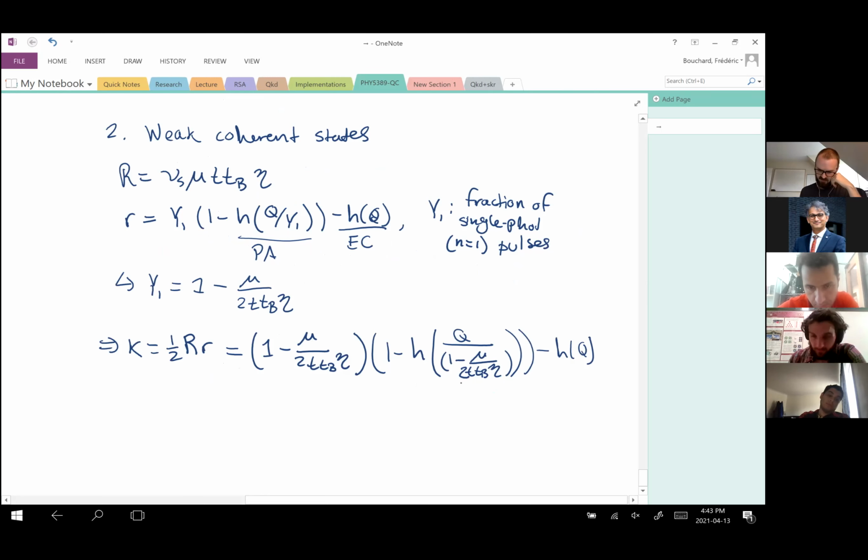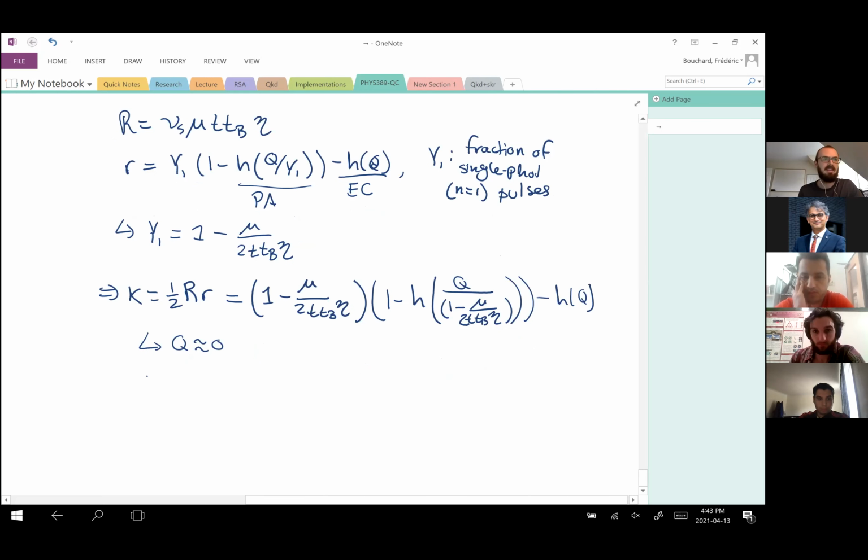Now there's a T in the H, and we know that H is Shannon entropy, and there's a bunch of logs in there. So it's a bit hard to see what's the dependence of K on T. So we're going to assume a specific case of Q equals 0, meaning we have small amounts of errors. Now we can simplify this whole thing.